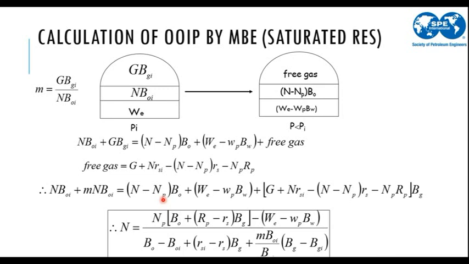It depends on the net produced oil during the production of the well. It depends on the oil formation volume factor, gas formation volume factor, the RS, the initial RS, the RP. All of these things are calculated in order to give you the most accurate approximation for the hydrocarbon initially in place.